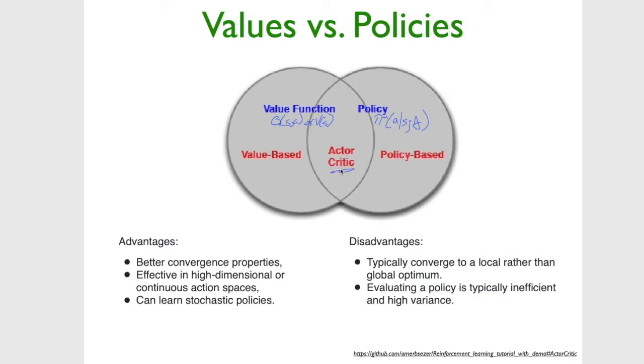And in this sweet spot between them, where you're using a bit of both, are these methods called actor-critic. That's what we're going to focus on, because that's the way people implemented the first deep RL methods to use policy gradients.